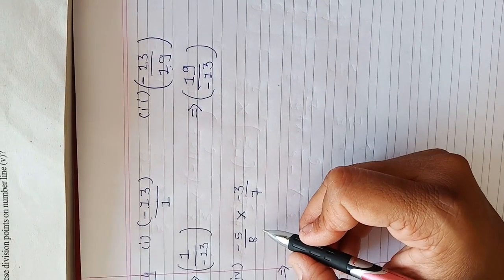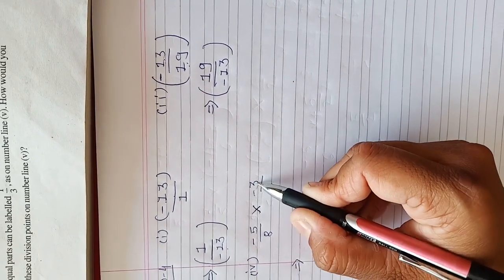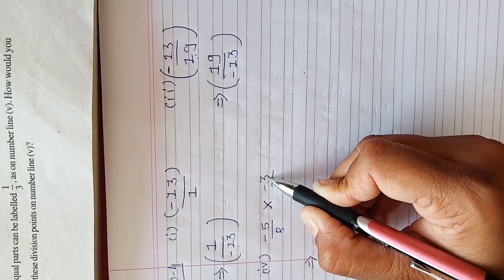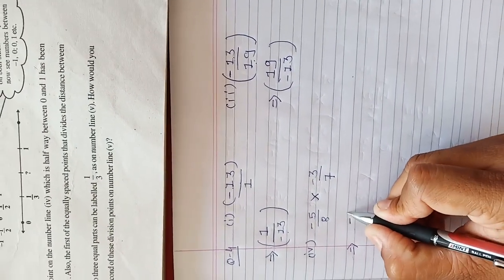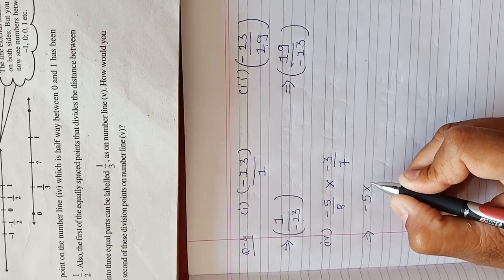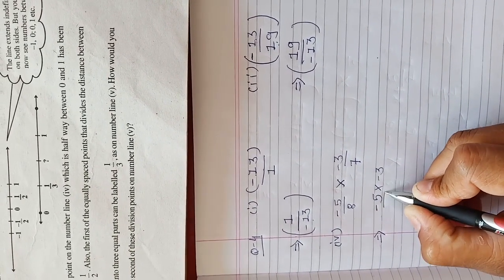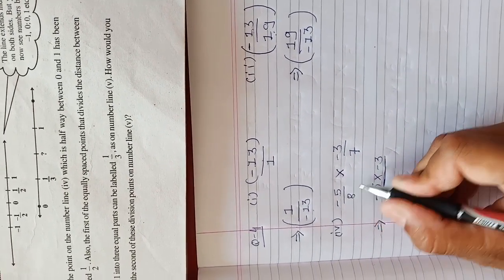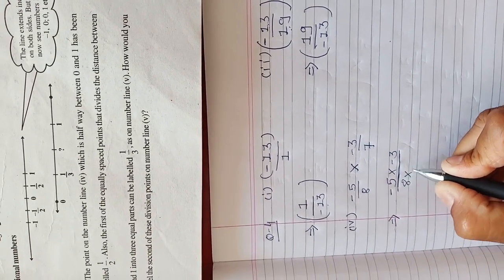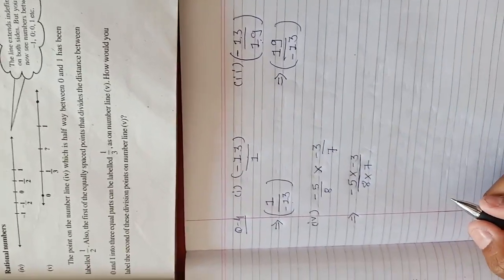So in multiplication we know that numerators are multiplied with numerators and denominators with denominators. Simply, minus 5 multiplied by minus 3 in the numerator, and in the denominator we put down the remaining two numbers that are given in your denominator.